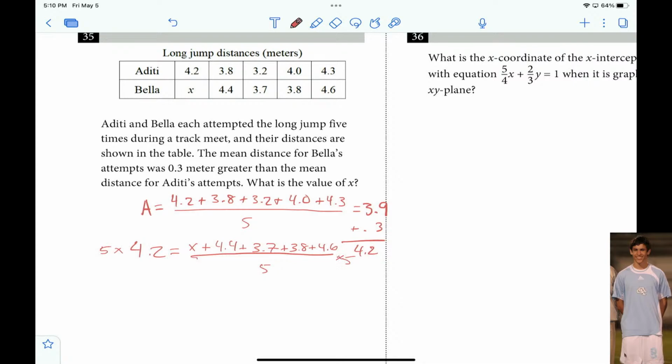So the left side, we end up getting 20.1 equals, and I believe the right side is going to give us, hopefully my math is correct, 15.6. I don't think my math is correct. I will type it in. 4.4 plus 3.7 plus 3.8 plus 4.6. 16.5. I guess I could have just tried adding them.